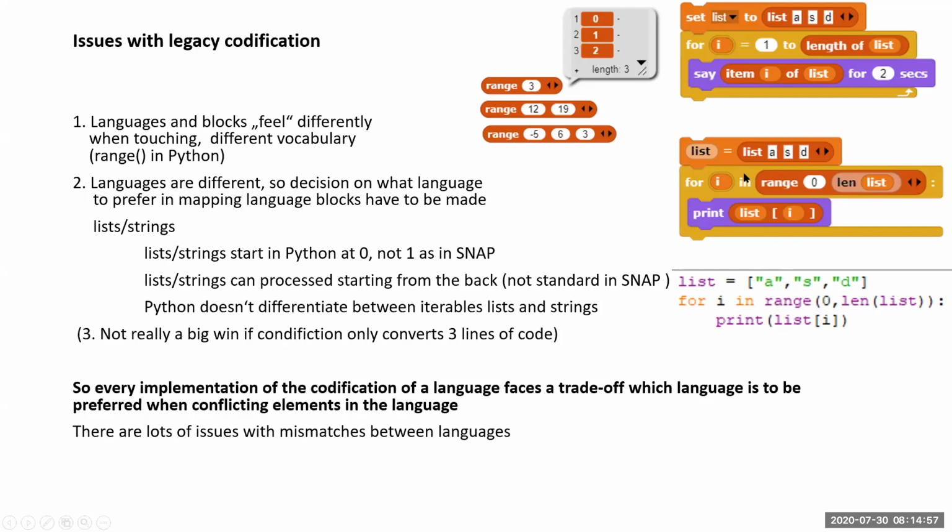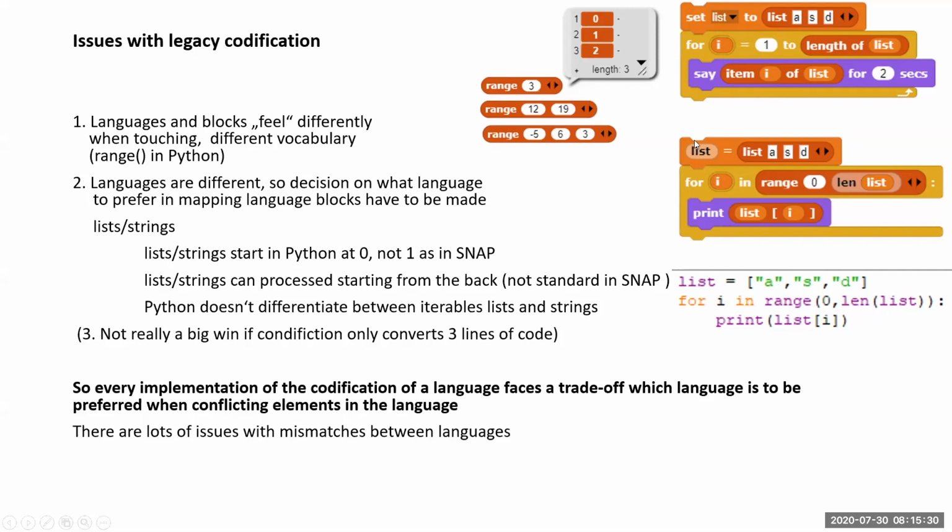And one example is that if you do things in Python, you get used to this range keyword, which creates for your list, either starting with 0, or here if you have 2 parameters, 12 to 19, it starts with 12. Or if you have 3 parameters, then the third parameter is the step. So that is something you get used to if you work with Python. And then, of course, if you switch between these two environments, you're missing this.